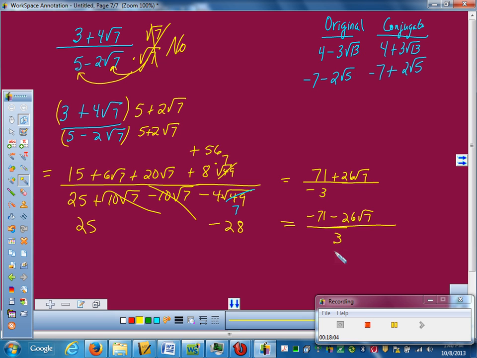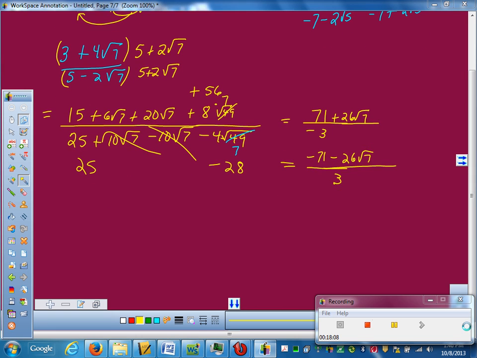If it was reducible, they'd have to all be reducible by the same number. Let me show you one where that might happen. Suppose I gave you 12 plus 15 square root of 7, all over 6.